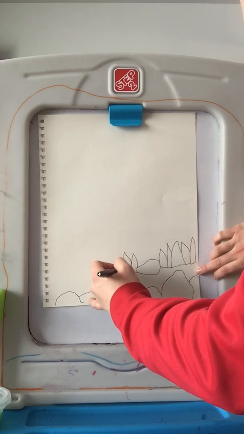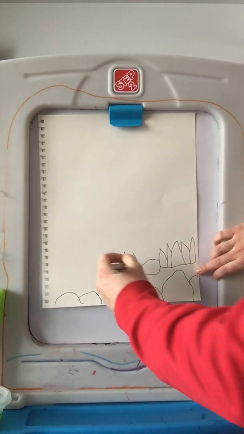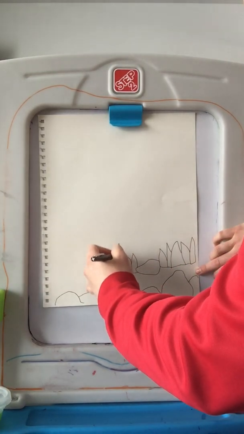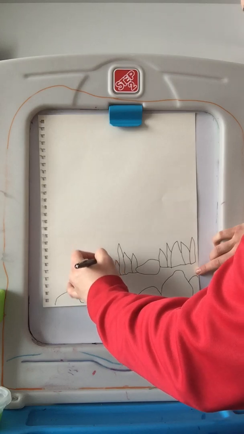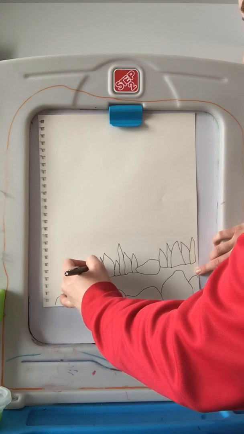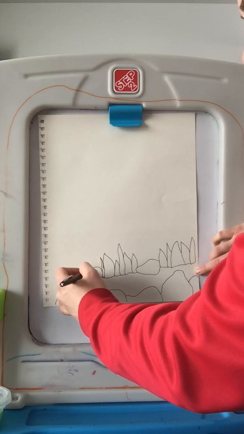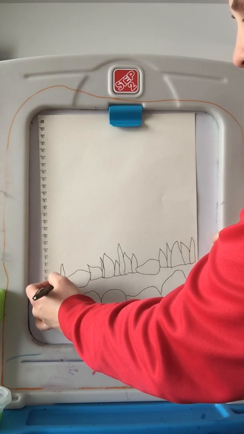But I'm making sure that these are all shapes, so I'm closing them in on the bottom. Some might be really tall, some shorter, some wider, some thinner. Can add another little rock here, some more grass.